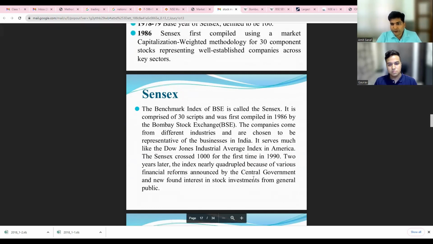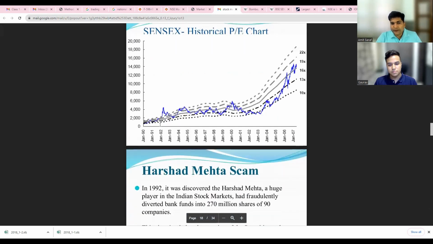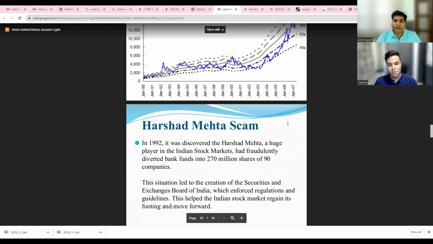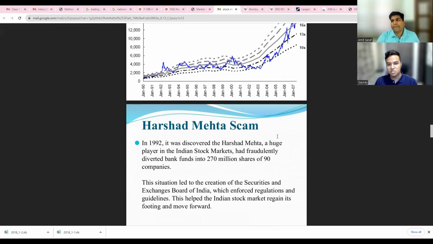Here is the index, and how it grew. In 1990 it was below 2000, and from there it went up to 19,000 in January 2007. And now, what is the level of Sensex that we are seeing? Any idea? I think around 63,000, 65,000. Yeah, that's about where the index is.